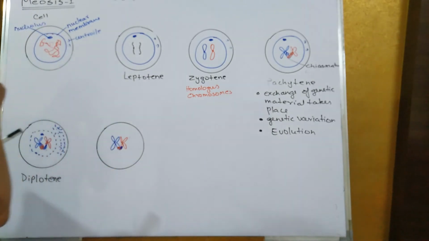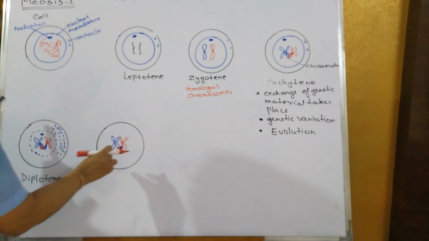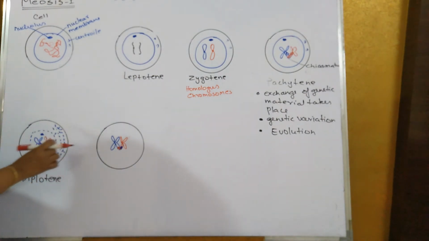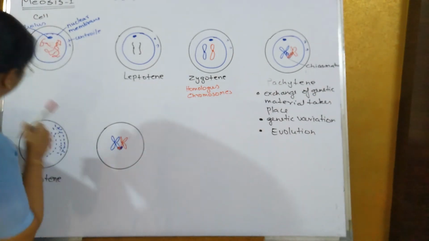So the tips of the chromosomes are still attached to each other, and they repel each other, but they are not able to separate.